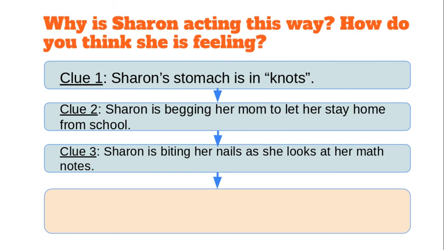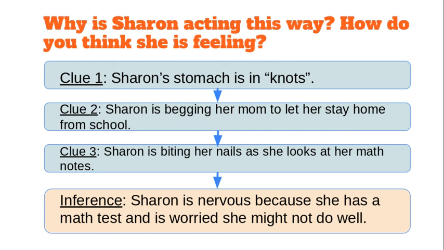So, using what we know about people who get their stomach in knots, about trying to avoid going somewhere, and by her biting her nails, which might mean she's nervous, the inference we can make is Sharon is nervous because she has a math test and is worried she might not do well. That seems to make sense based on the clues we found in the text.